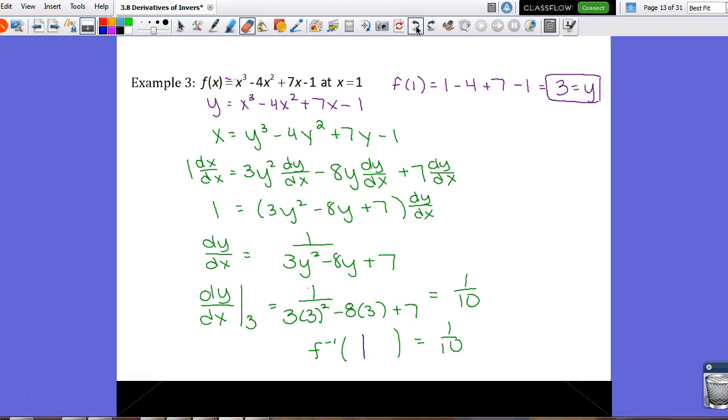Use the x. But that's what I was getting out of this. If the original is 1, 3, then the inverse is 3, 1.